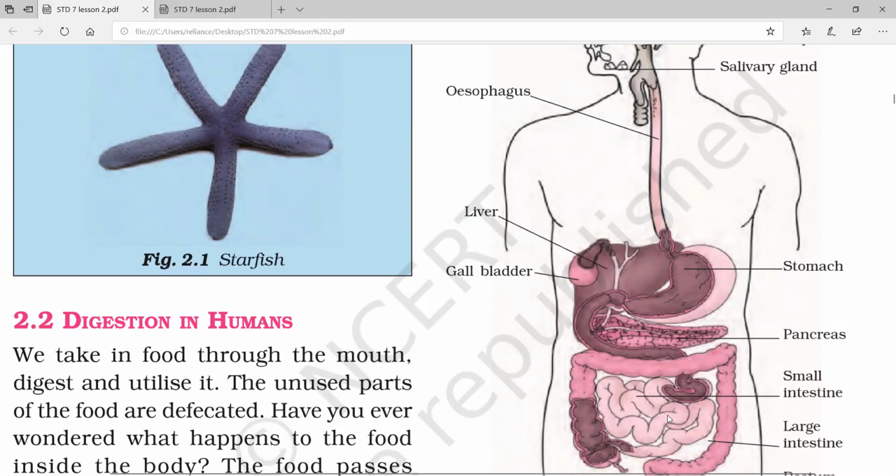It is the longest part of the alimentary canal, near about 7.5 meter long, and it is a coiled part of the alimentary canal.